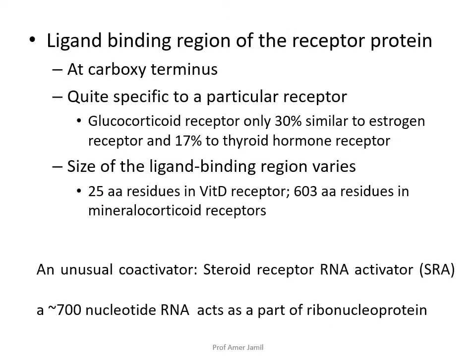These are a few of the important properties of the ligand binding region of the receptor proteins. This ligand binding region is usually present at the carboxy terminus, and it is quite specific to particular receptors. As I mentioned earlier as well, the glucocorticoid receptor is only 30% similar to the estrogen receptor, and only 17% to thyroid hormone receptors.